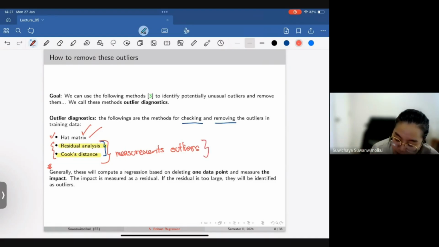Likewise, if we find that any samples and their measurements are outliers, when we want to remove them, we will remove both the measurements with the outliers and their corresponding input features. So we remove them as a pair.